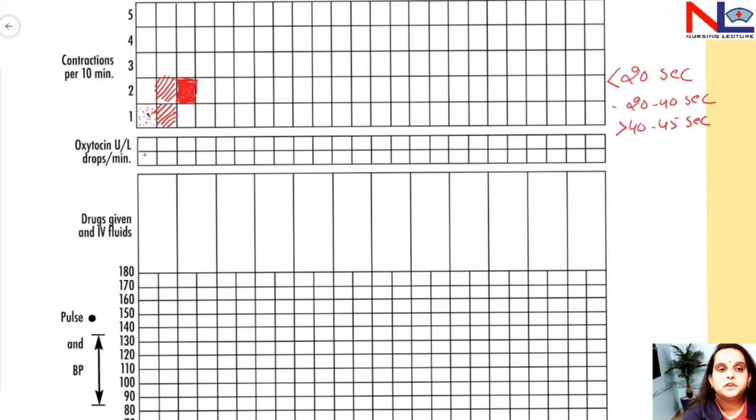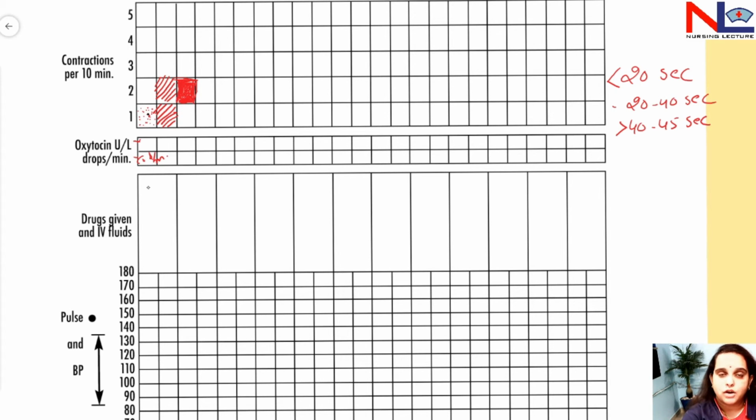The next thing in this partograph is the oxytocin. In the oxytocin infusion, firstly, in the first box you can write the units, how much you are infusing, and drops per minute in the next box, that is, in RL you are mixing these units and at what drop rate you are infusing per minute. So, suppose you are giving 60 drops per minute, then you need to write here 60 drops per minute, likewise.